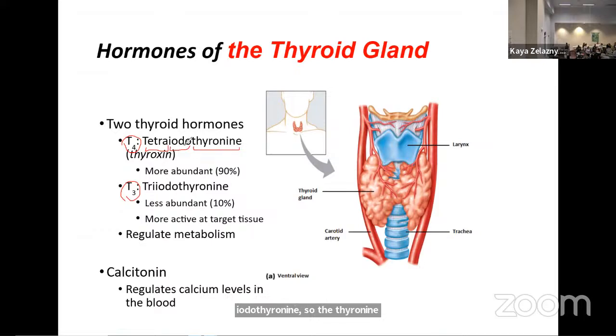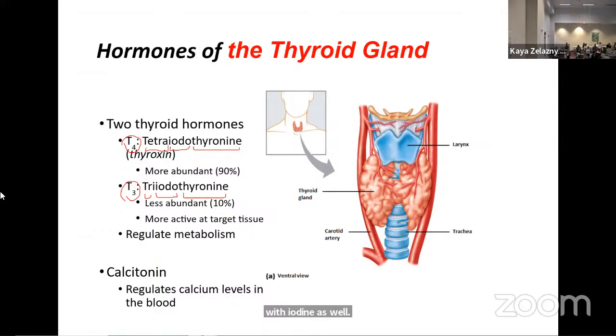The iodo part tells you it has something to do with iodine. Iodine is going to be important for production of these thyroid hormones. T3 is triiodothyronine, so a thyroid hormone involved with iodine as well, but with a slightly different structure.